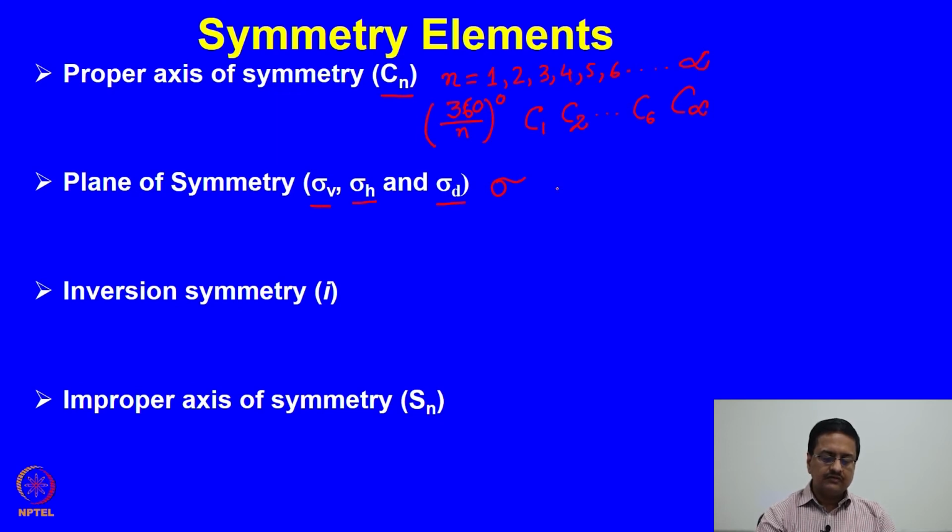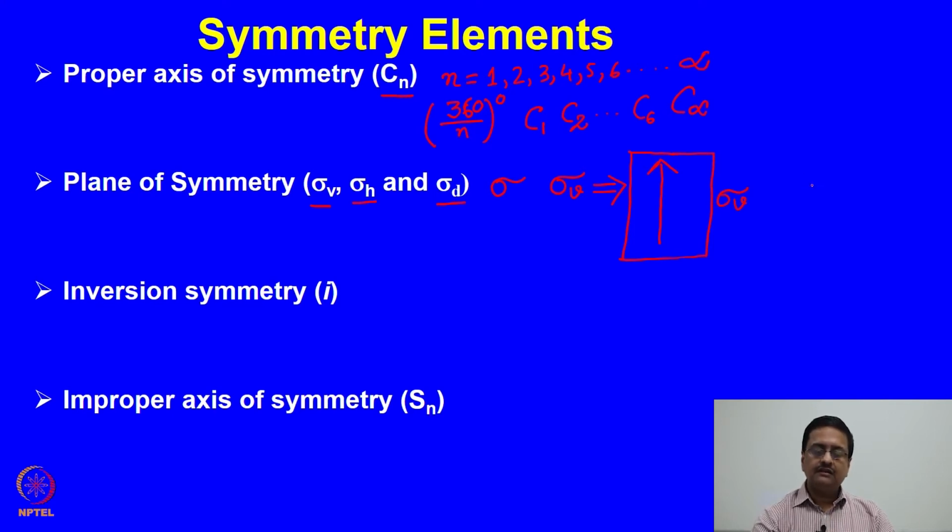So, when we talk about sigma v, we should understand that if the axis of symmetry is in the plane of this projection and the mirror plane that we are talking about is in the same plane of projection, then we call it sigma v.